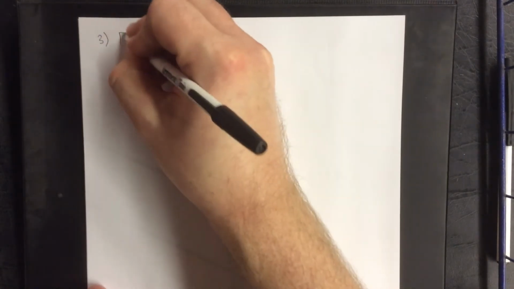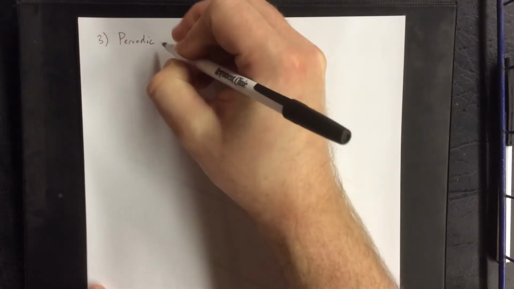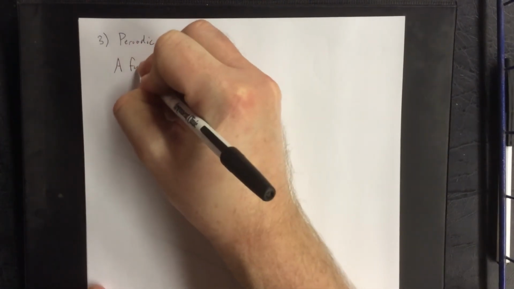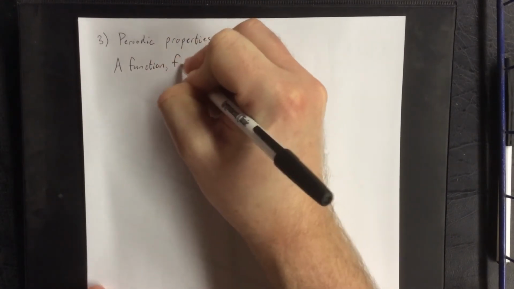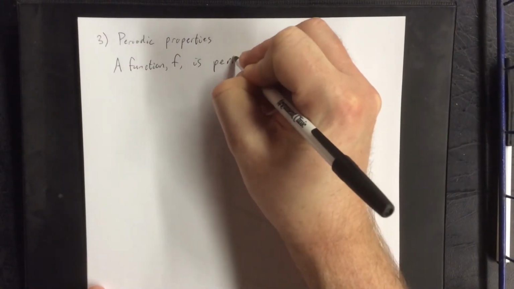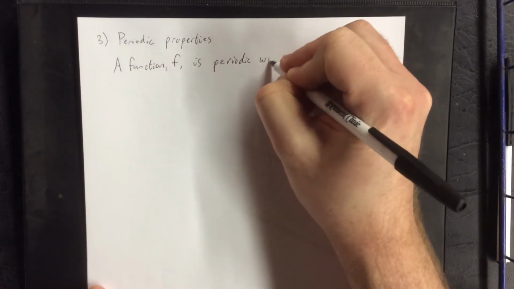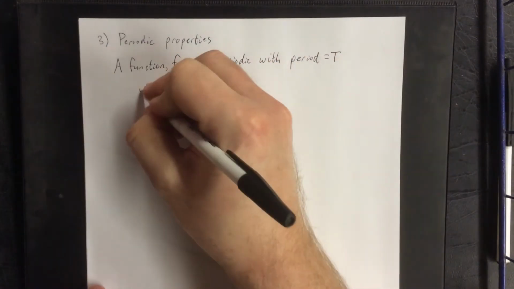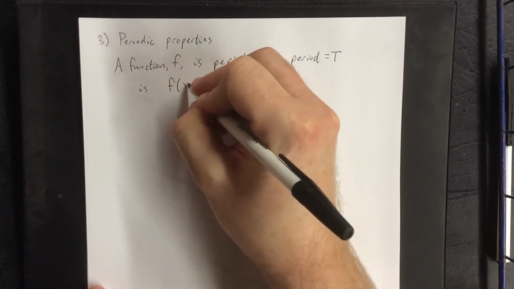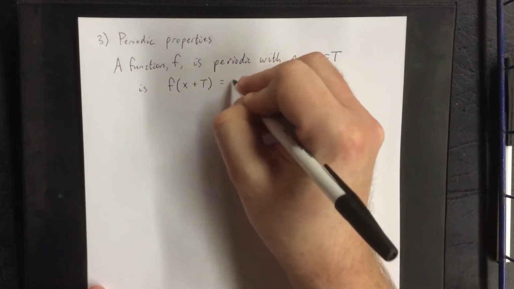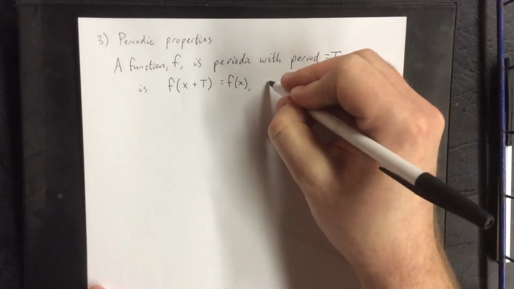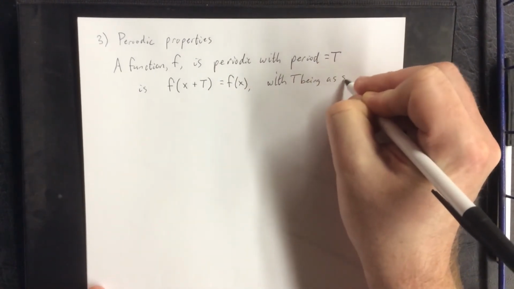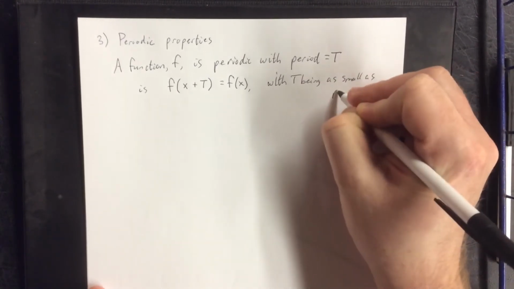So next up, the periodic property. A function, f, is periodic with period equal to t if f of x plus capital T is equal to f of x, with t being as small as possible.